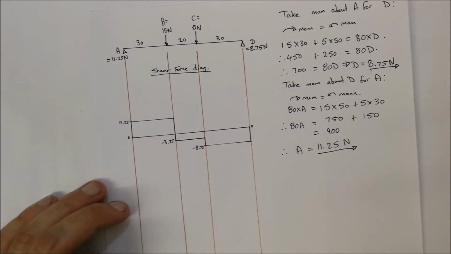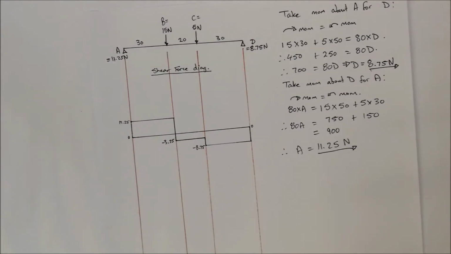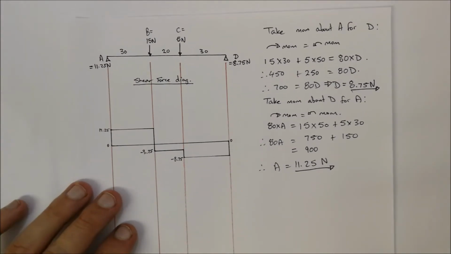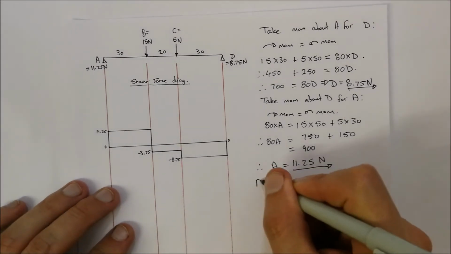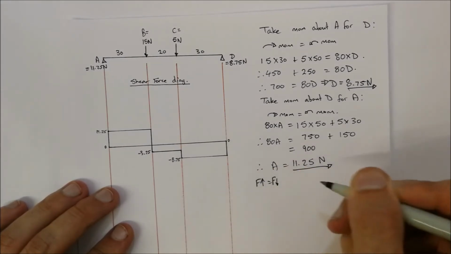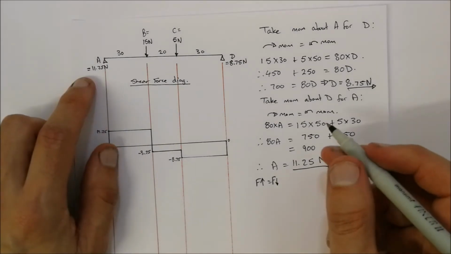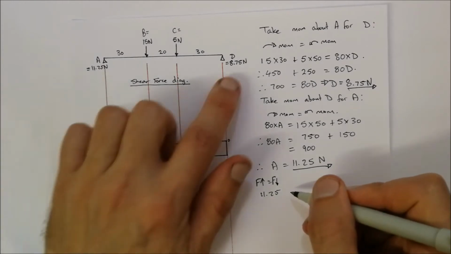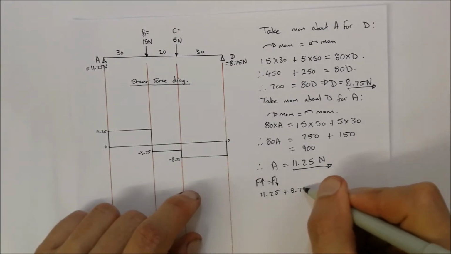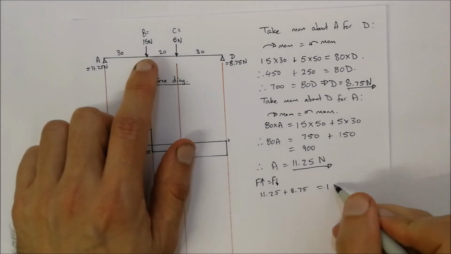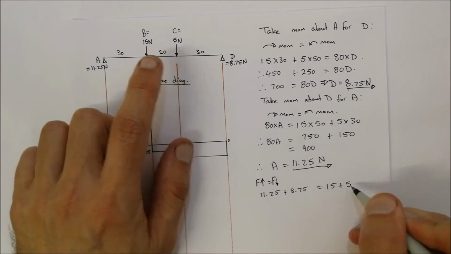Something else we just need to check before we continue, and we should have done this before we did the shear force diagram, is with these calculations over here, are they accurate? Okay, so remember, upward forces need to be equal to downward forces. Okay, so let's just check. For upward forces, we've got 11.25 and we've got 8.75. Okay, is that equal to our downward forces, which is 15 plus 5.